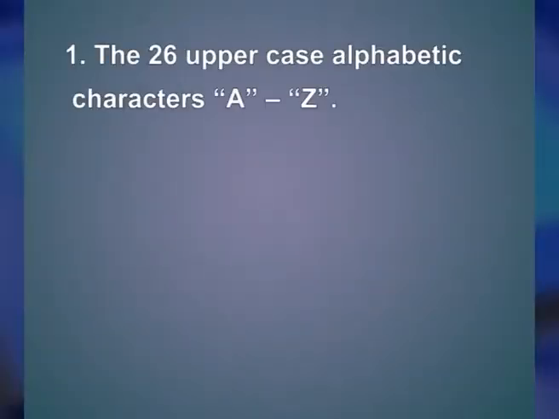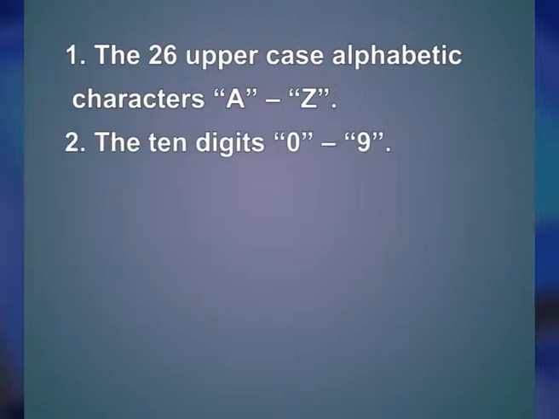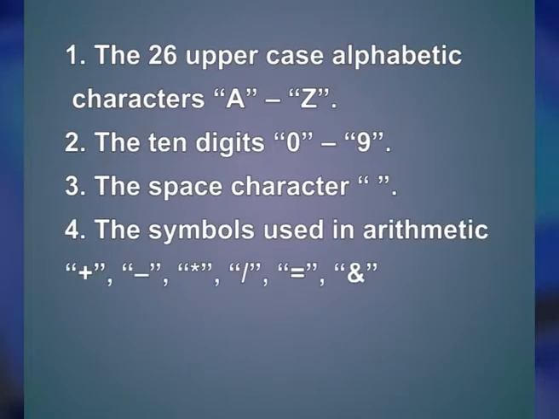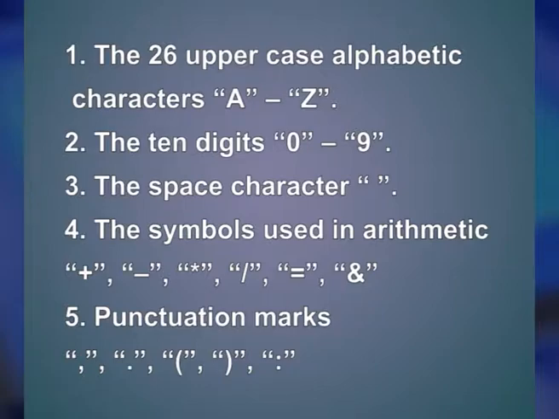Some of the characters represented in BCD were the 26 uppercase alphabetic characters, that is A to Z, the 10 digits 0 to 9, the space character, then the symbols used in arithmetic, that is plus, minus, multiplication, division, equal to, and AND. Then we have punctuation marks.